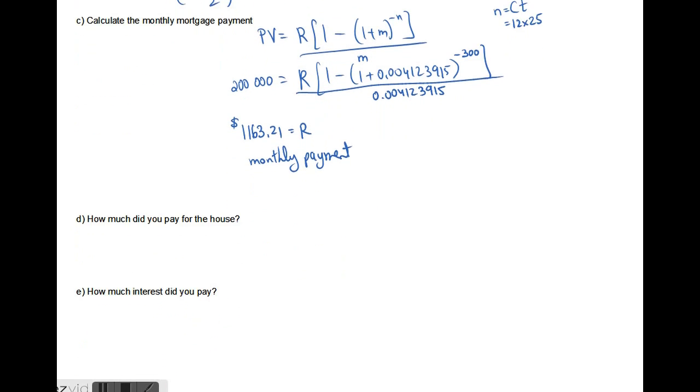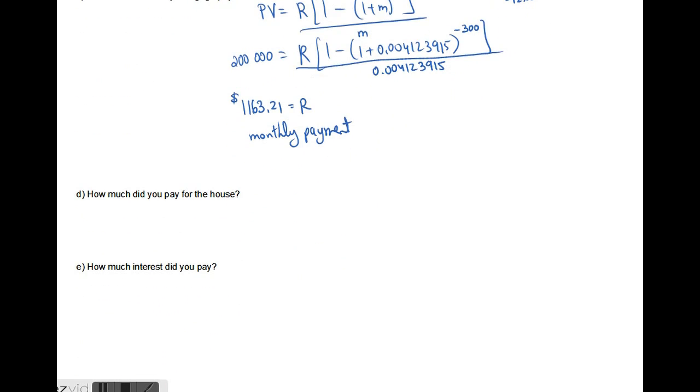A few more questions and we'll be done. How much did you pay for the house? We're making 1,163.21 as our payment, and we're making 300 of those payments over the course of the term.